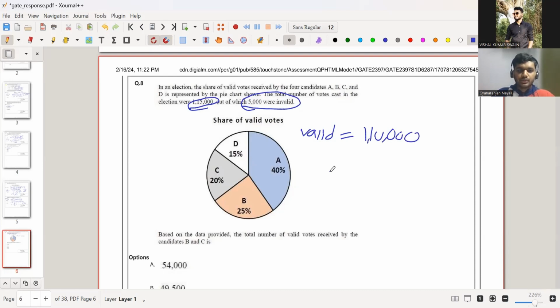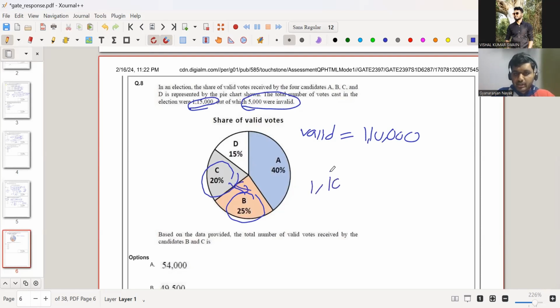Based on the data provided, the total number of valid votes received by candidates B and C: for candidate B it is 25% and for candidate C it is 20%. So 25 plus 20 is 45%.